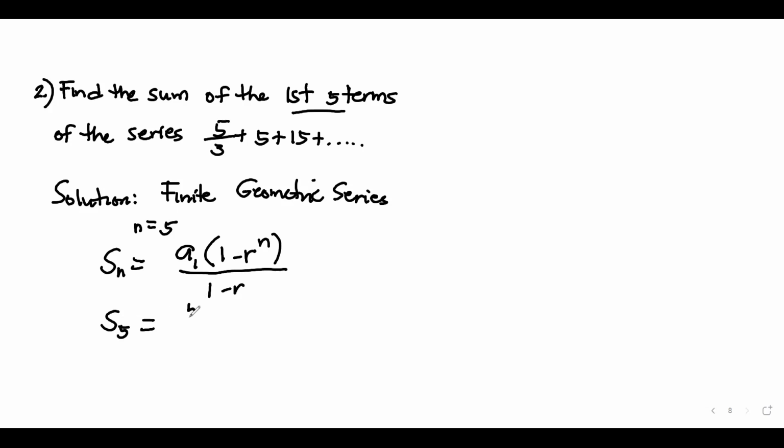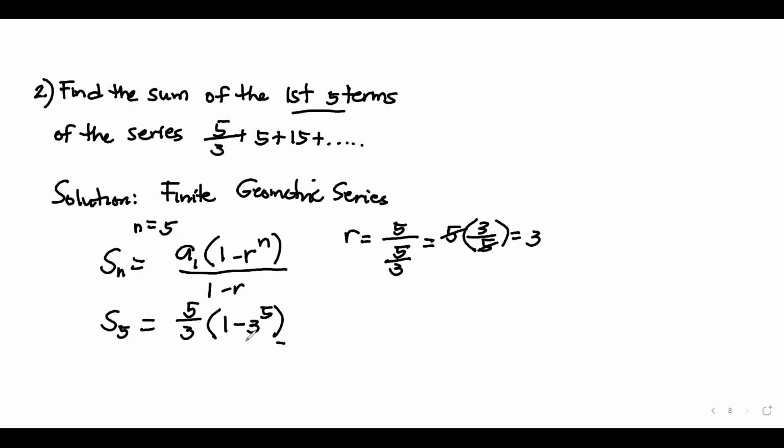The first term is 5/3 multiplied by 1 minus the r. To get r, 5 divided by 5/3, again we are dividing fractions: copy the first one, 5, proceed to multiplication, the reciprocal of this is 3/5. So we'll have 3. Same with 15 divided by 5. So the common ratio is 3, our n is 5, all over 1 minus 3.